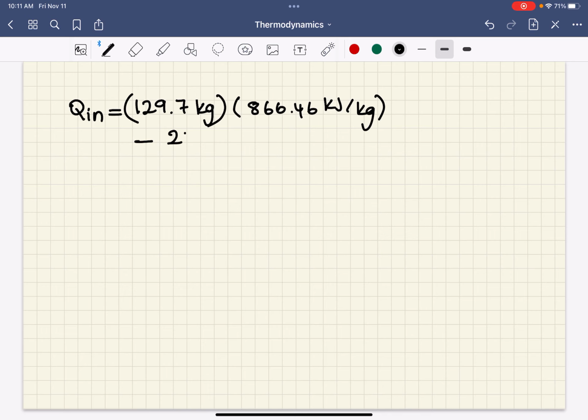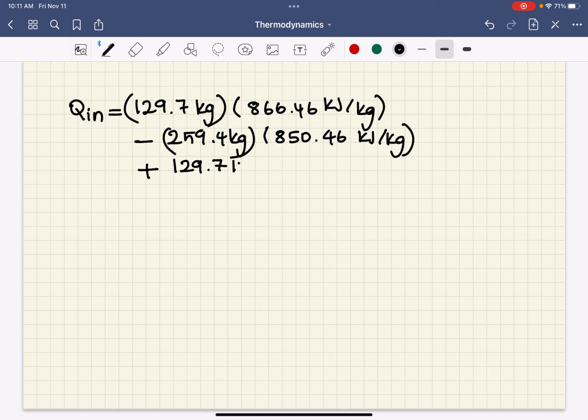M1 is this. U1 is from the saturated water tables. We figured this out. Now we need to add the exiting energy due to mass.